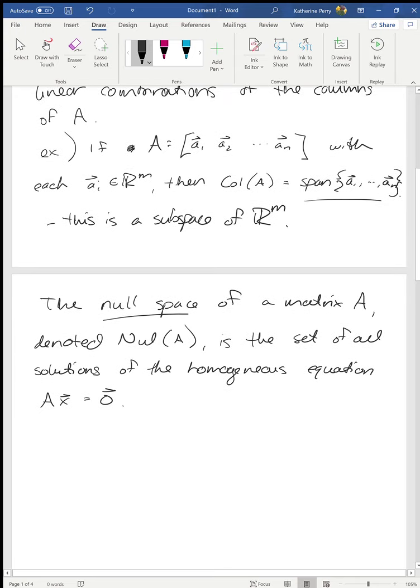And so we've also talked about this set on a previous handout. I said it's referred to also as the kernel. And so this null space is equal to the kernel, and I'm going to claim that this is a subspace.